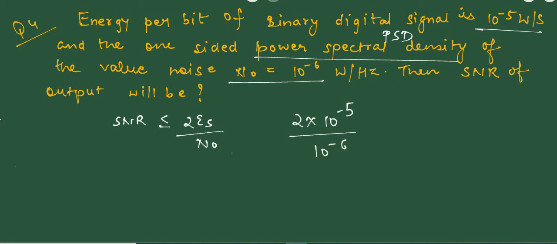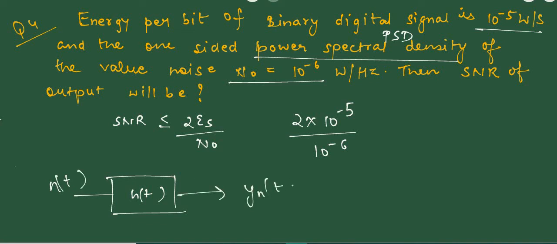Regarding power spectral density, suppose this is your system with an impulse response of h(t), and you have an input as noise, and the output is your n_o(t).